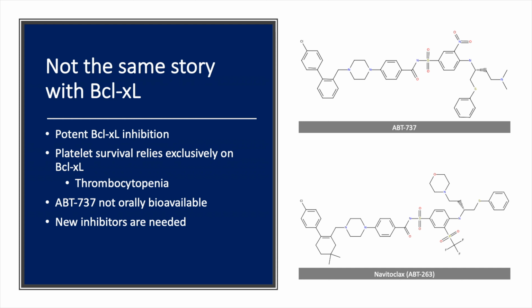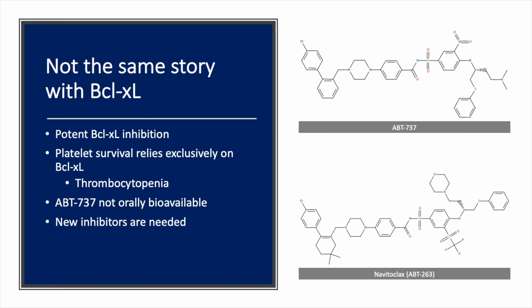Additionally, ABT-737 was not orally bioavailable. Considering this, inhibition of Bcl-xL is mechanistically a promising strategy for anti-cancer therapy. However, there is a need for improved inhibitors with better oral bioavailability and attenuated adverse effects.